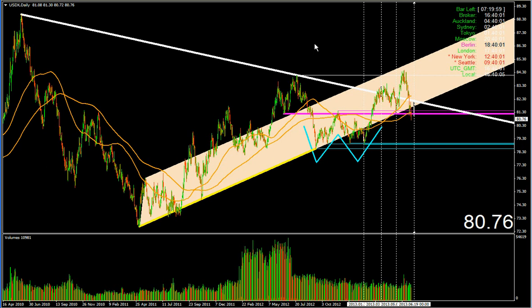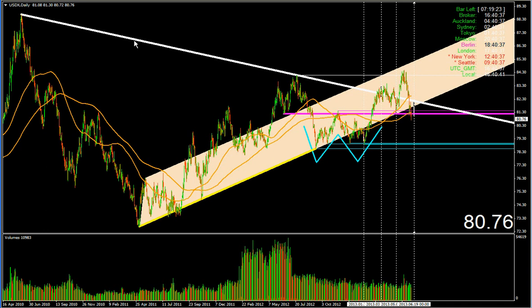But I'm very, how to say, tight, not slightly. I would slightly prefer to sell the US dollar, but prices above 81.41 would also be a great setup to buy the US dollar again.